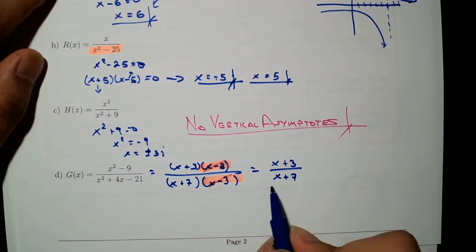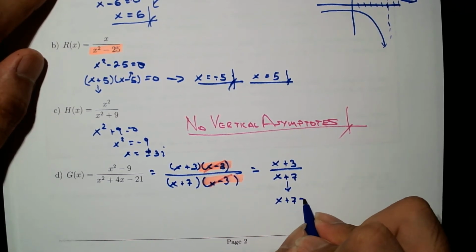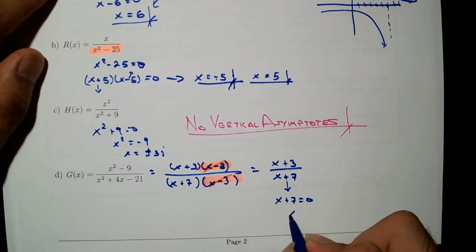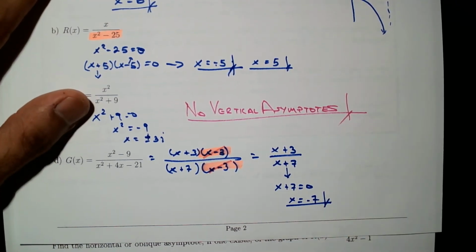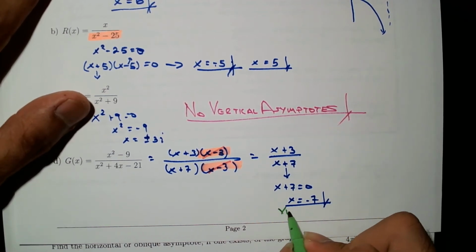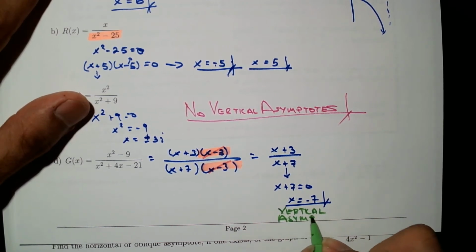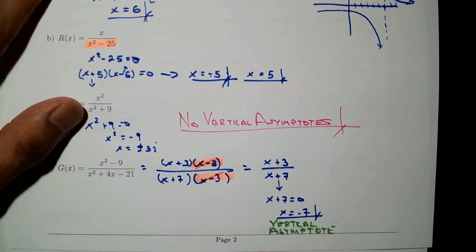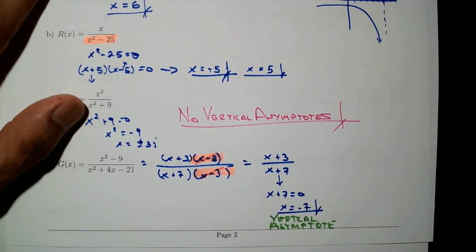So in this case, the legitimate asymptote will come from the denominator of whatever we had after simplifying. This is the vertical asymptote. However, the factor that got canceled here, I'm going to use a different color.